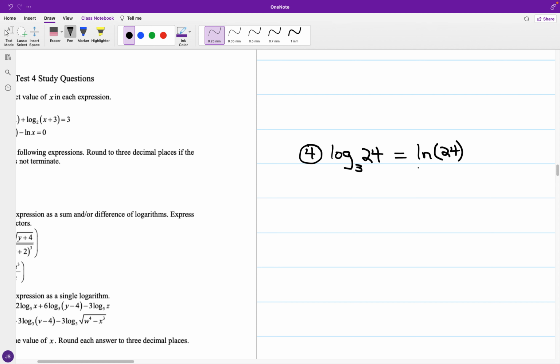I can just write what I have here as a ratio of natural logarithmic terms. So if I use the change of base through the natural logarithmic pathway, I got ln of 24 divided by ln of 3, and so to the nearest 3 decimal places, this will round up to 2.893.